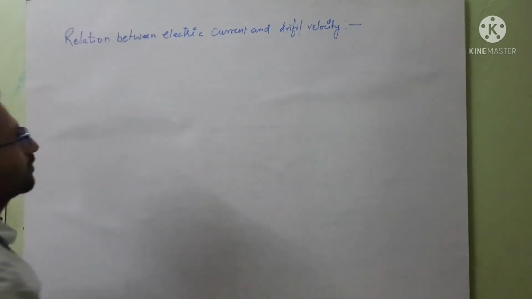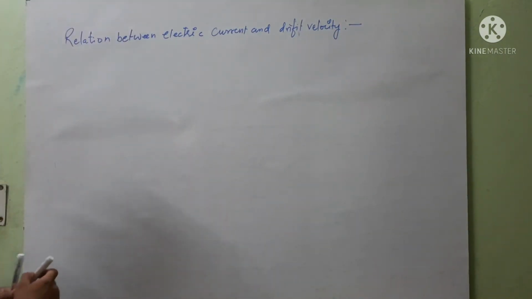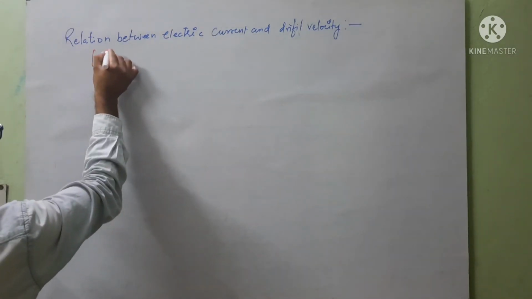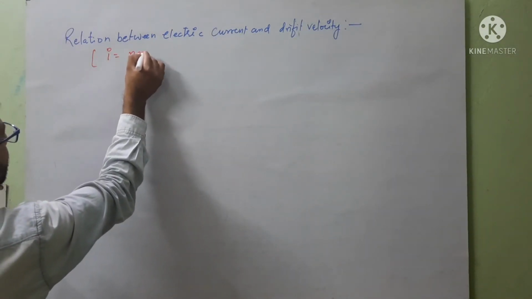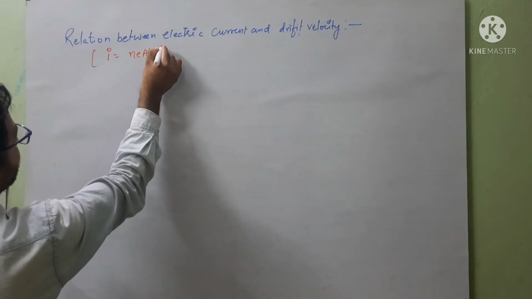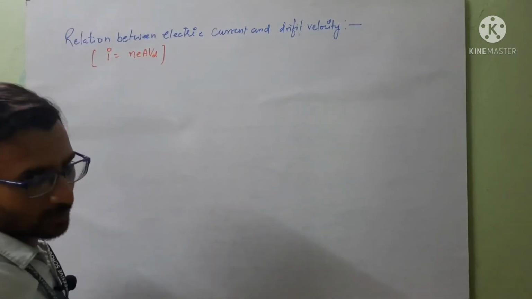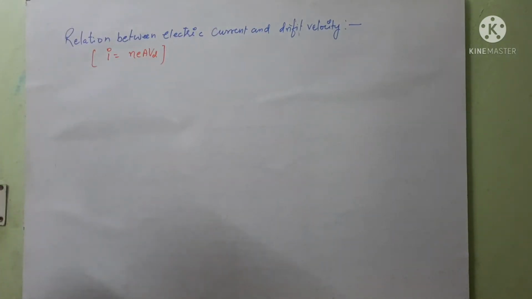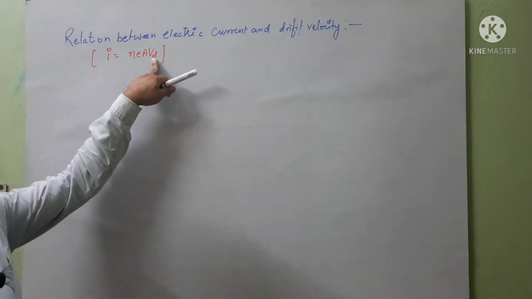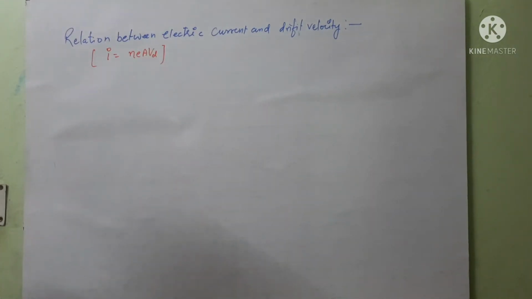Here we will prove a famous relation, I is equal to nAeVd. Got it? And one more relation in terms of it after substitution of the value of Vd. So we will prove that later on.